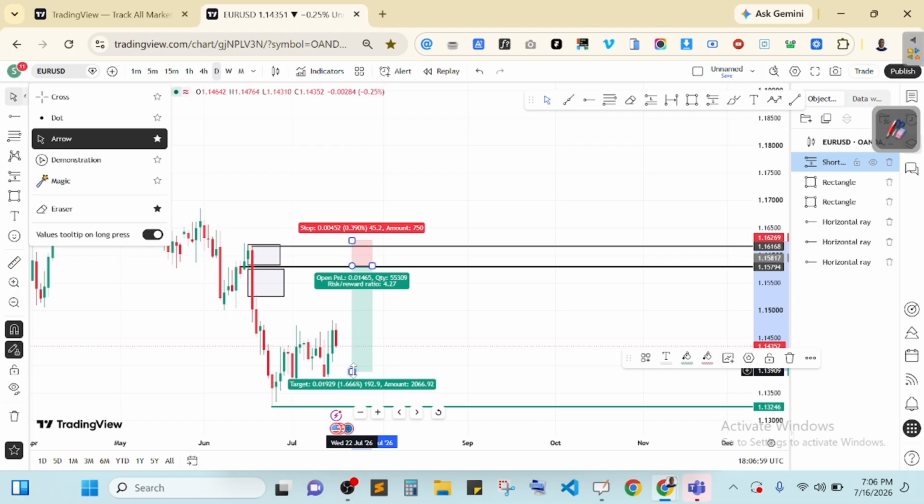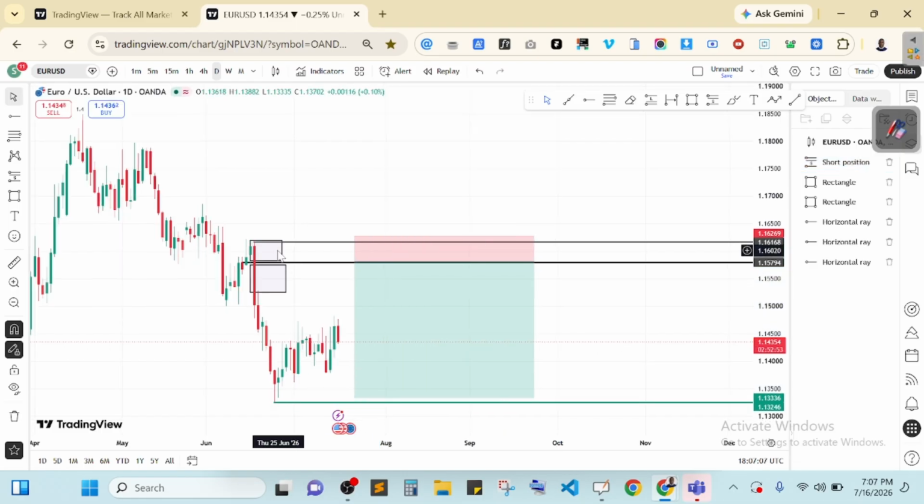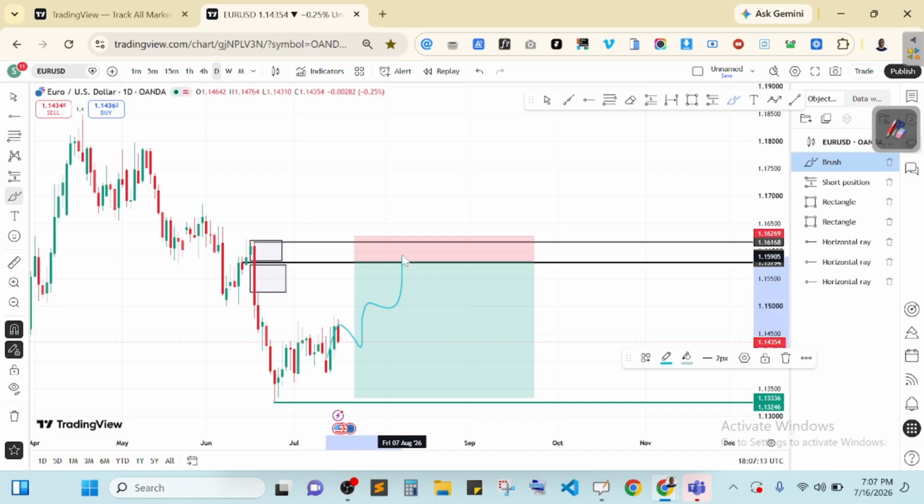Very good. So something like this. It's possible that the price can come here, consolidate to this region and break, right? And form a retest on it and keep on going. But personally, I'd be very happy if I see something like this.